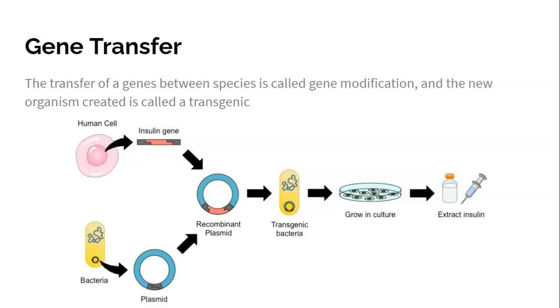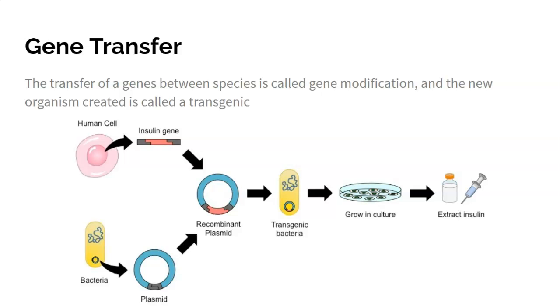For gene transfers, this is when you are literally transferring genes between species. So this is gene modification. And then whatever you make and you insert that new gene into a new organism, that new organism is transgenic. So if I wanted to take a human insulin gene, but human cells replicate so infrequently, I could put that insulin gene into a bacteria plasmid, and that bacteria plasmid would replicate tons and tons and way faster.